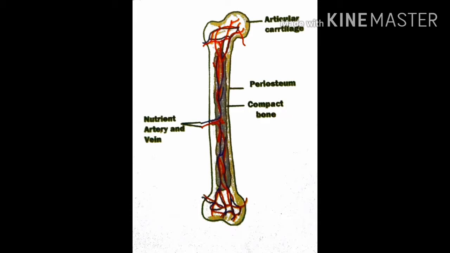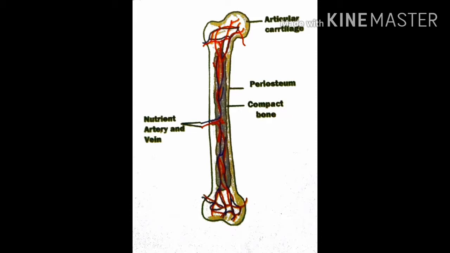Nerves and blood vessels are present on the surface of the bone. These provide nourishment to the bone tissue.